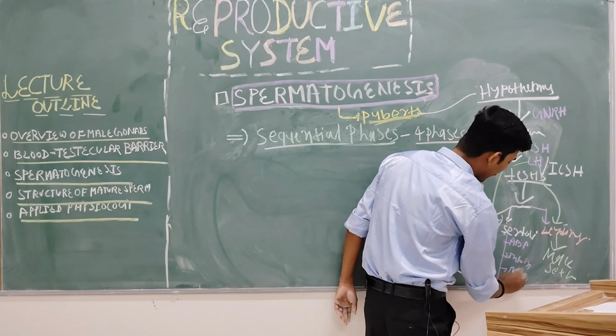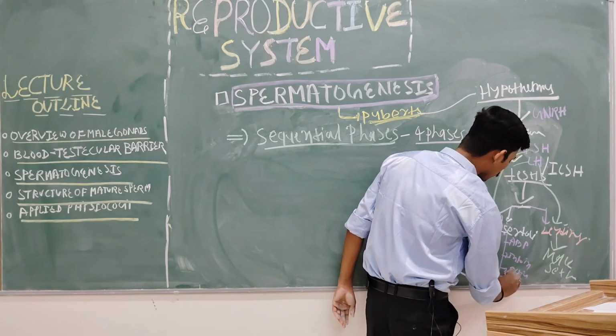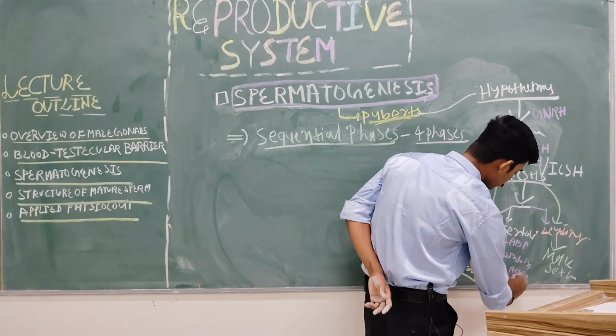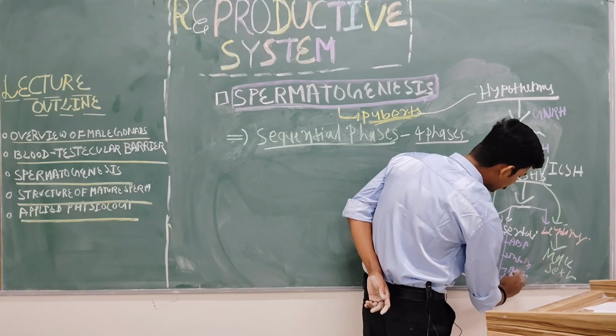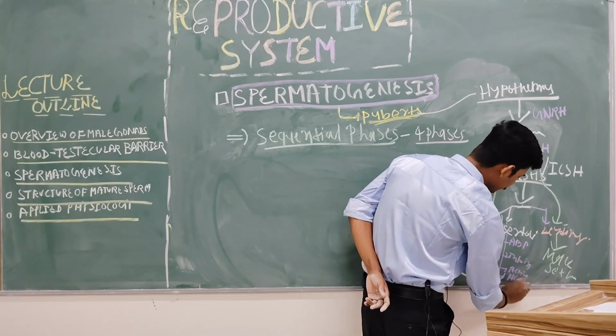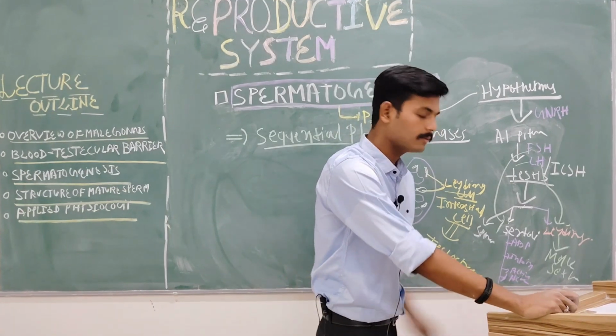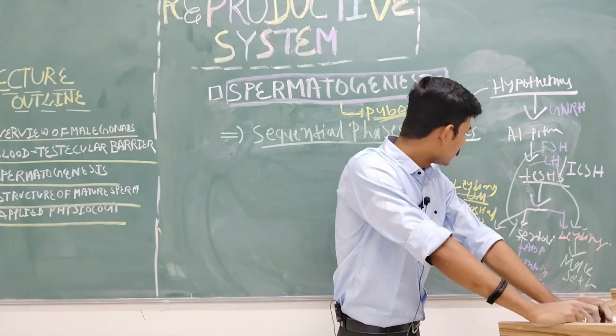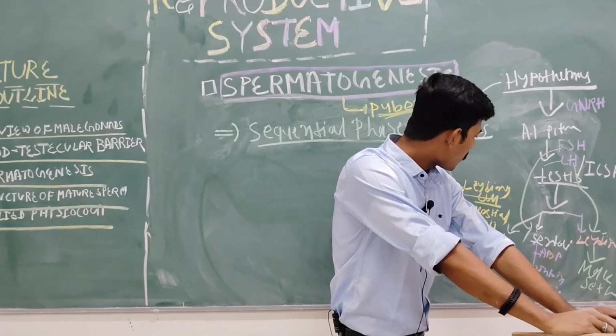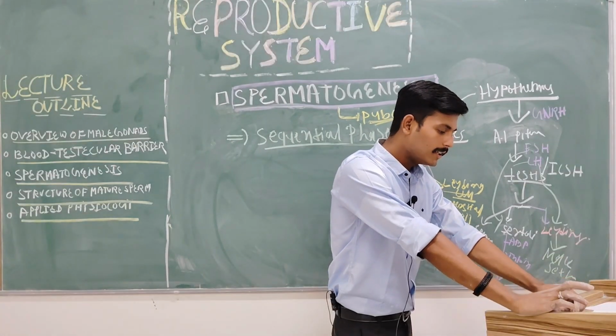Another one is called activin. They also secrete another hormone called HCG, human chorionic gonadotrophin. So these are some of the hormones secreted by the Sertoli cell.